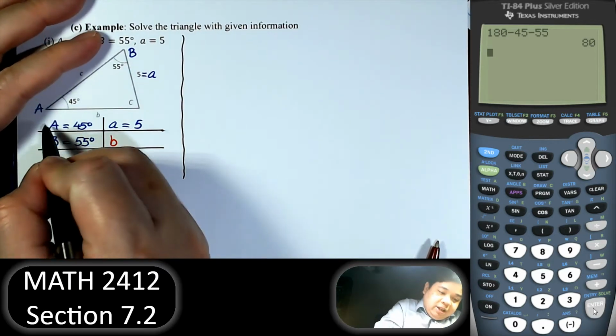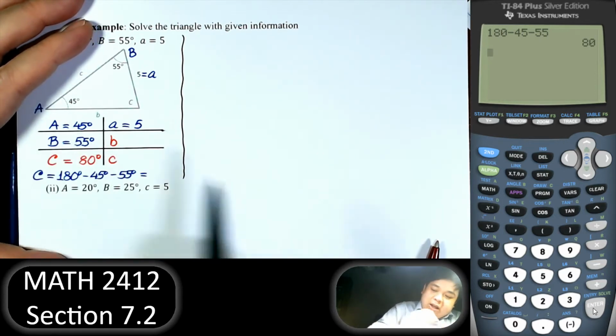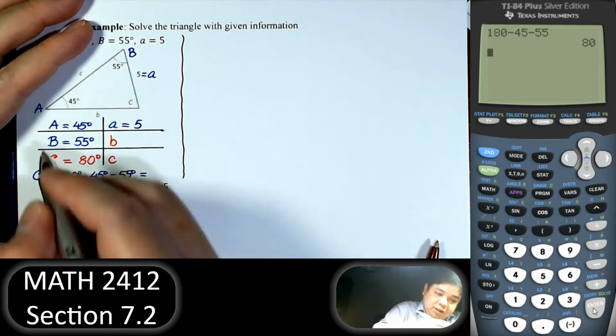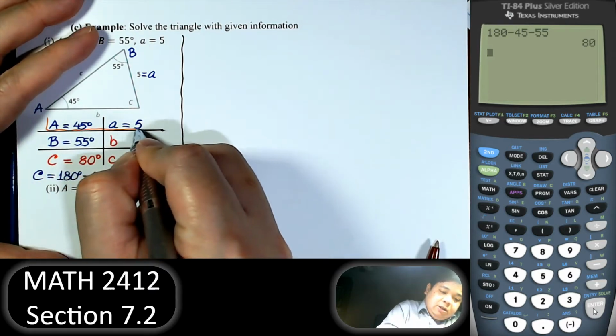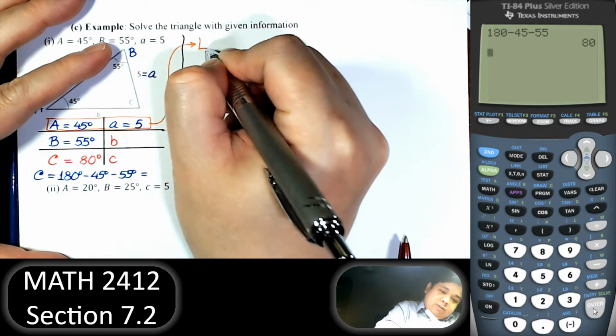Just like what we have here, we have a pair of opposite angle and side. When we see this, that is the law of sines.